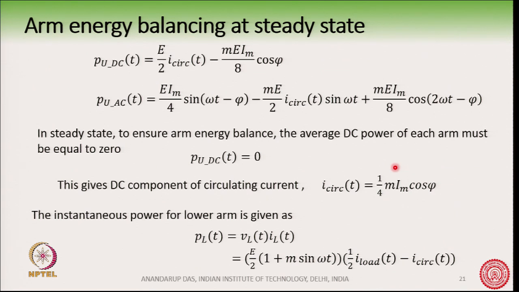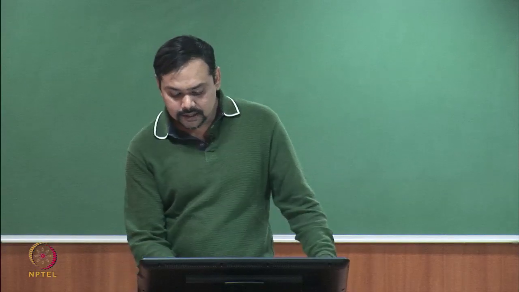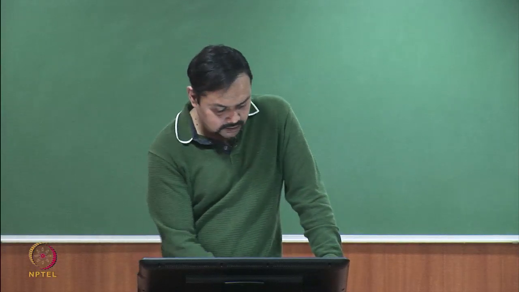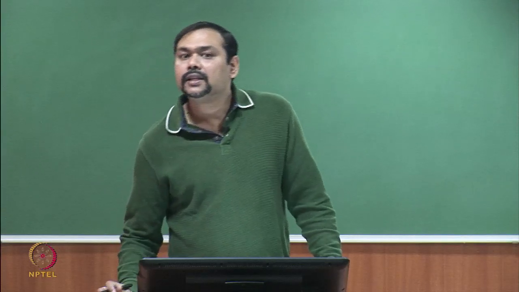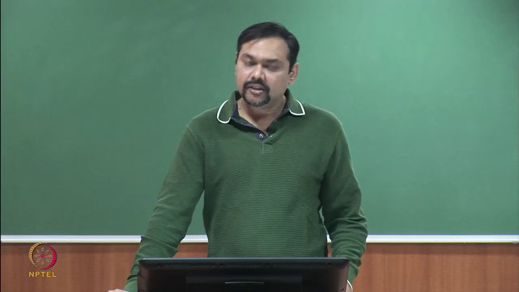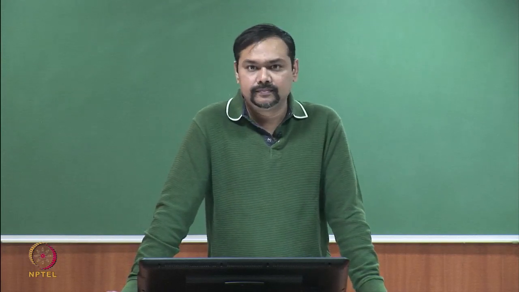So, we had said that in the circulating current there is a DC component, there is half of the AC load component, and there are some other high frequency or second harmonic components. The first component that we said, the DC, is this one. Here you see something interesting: it is dependent on cos phi.